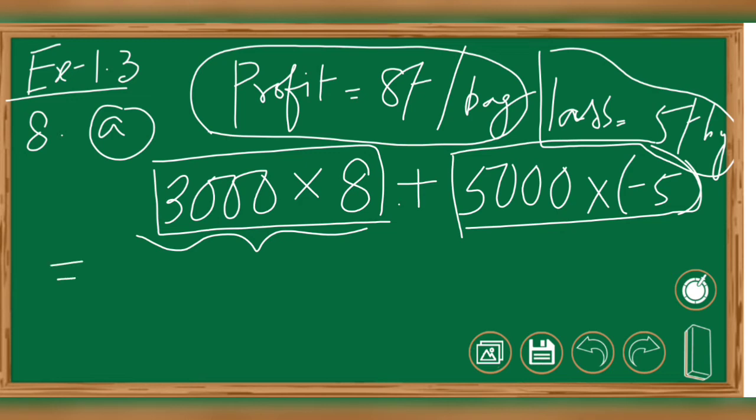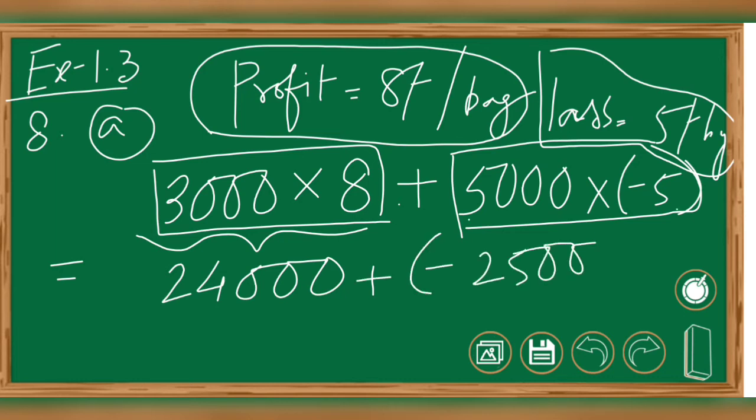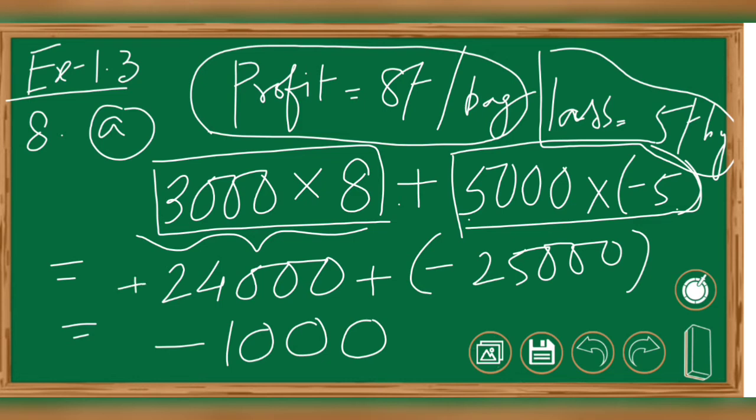So let's calculate it. It is coming 24,000 plus 5000 into minus 5, it is coming minus 25,000. Okay, so what is coming, you can see it is coming minus 1000. Why? Because we can assume that here is a positive sign and here is a minus sign. So if you just simply remove the bracket, you will get 24,000 minus 25,000.